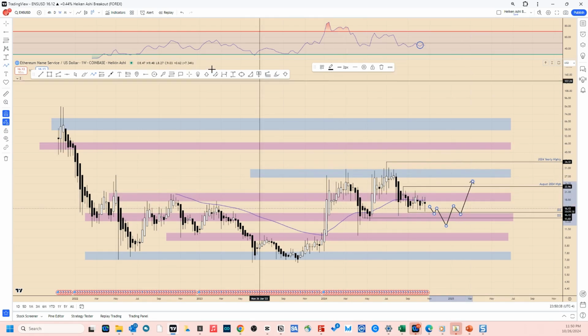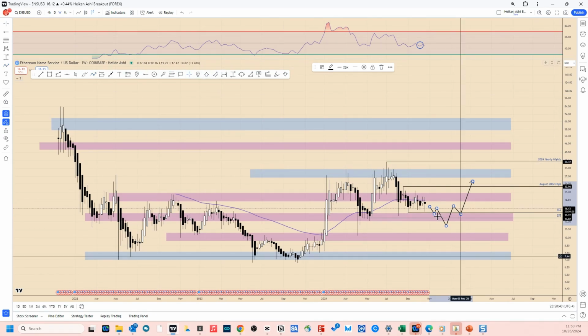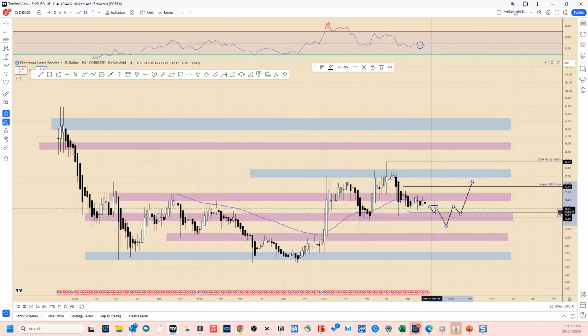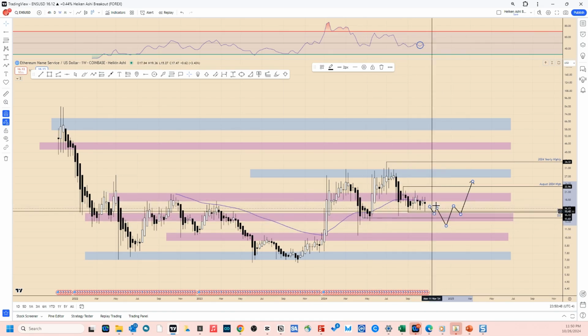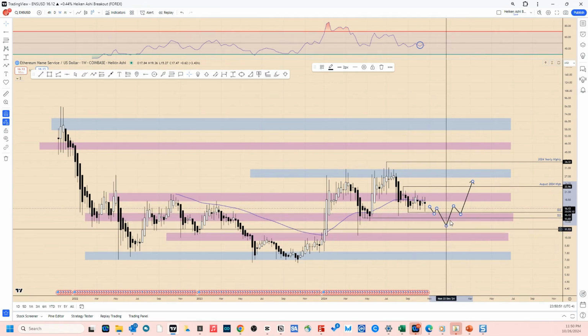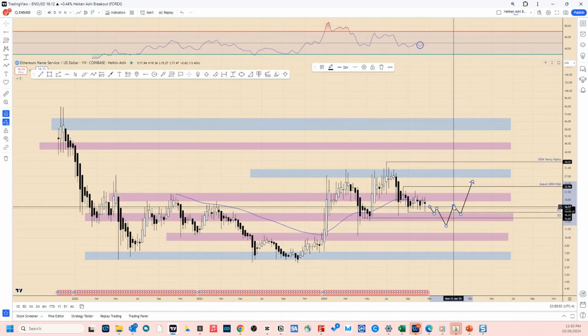So price typically plays around here. If price sees some liquidity sitting here from many months ago, it'll come back down, grab that liquidity, push price back up, re-break the key level, come back on the retest, and then push price up.